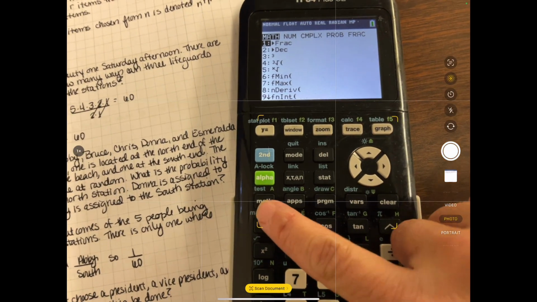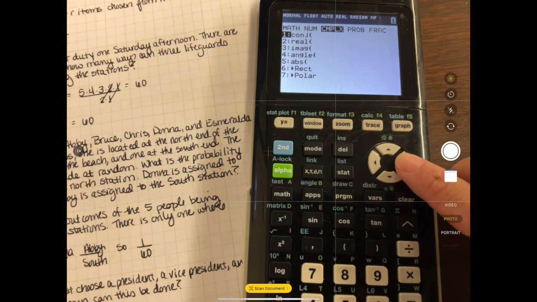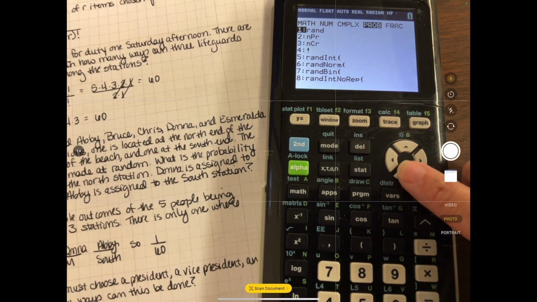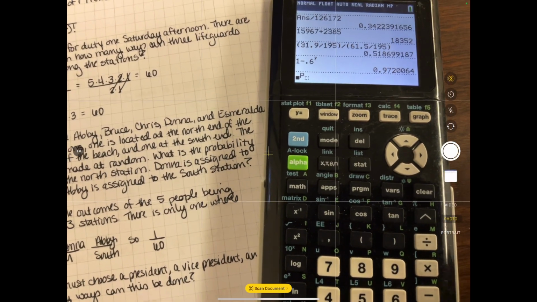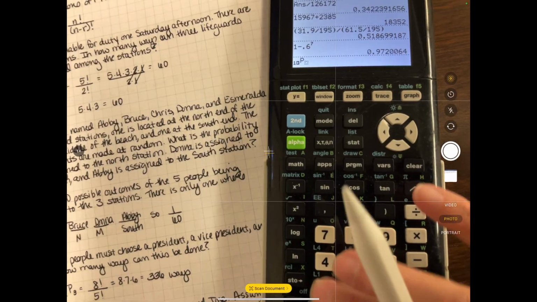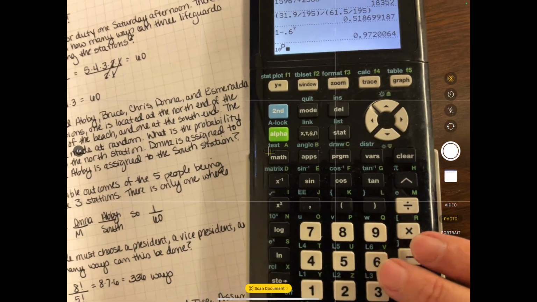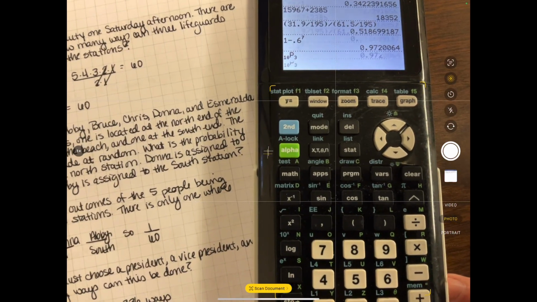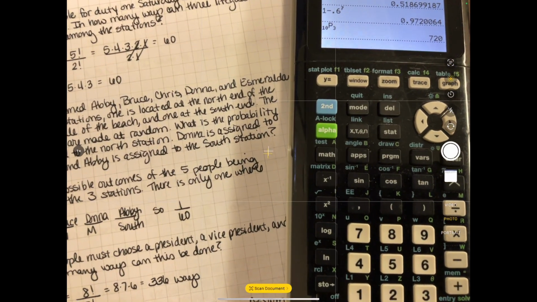Everybody see math? He's under alpha. Go over to probability, prob. And everybody see number 2, NPR. If you'll hit NPR, and then you literally can just type in the 10, and then you can move along over here, and what did we choose? 3. And you hit enter, you get 720. And you have to multiply those slots together.